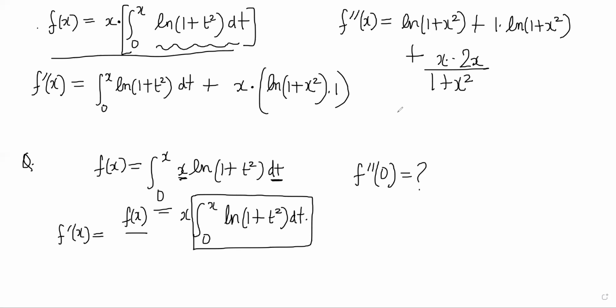Now when you have to find f double dash 0, you just put the values. This is 0, this is 0, and this is 0. So the question is actually just about being able to differentiate properly. This x has to be taken out and then you have to do the product rule, right?